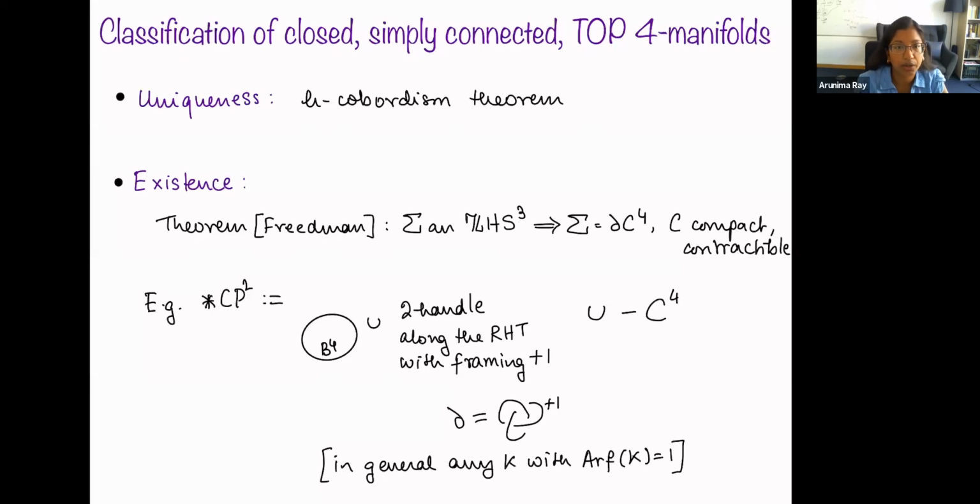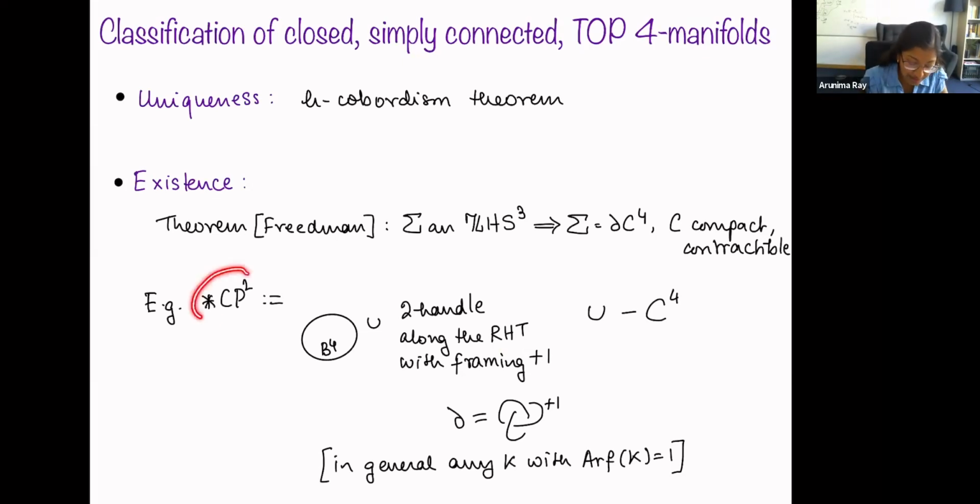And if you use a knot with ARF invariant 0, it will produce the usual CP2 up to homeomorphism. But good question. Yeah, this is a common problem of mine, to draw the wrong trefoil. Trying to kick the habit.